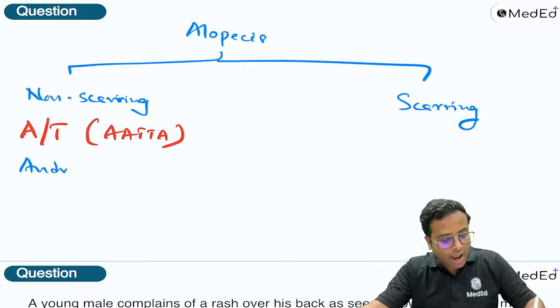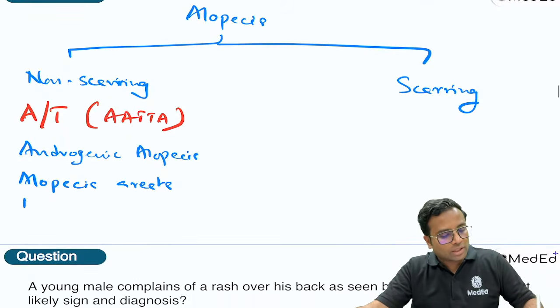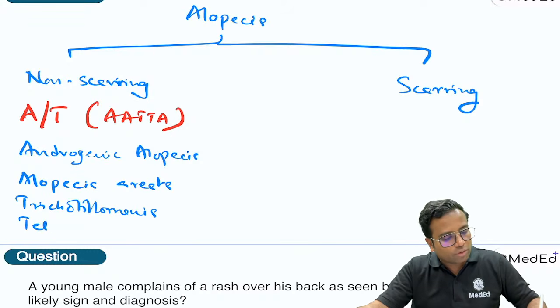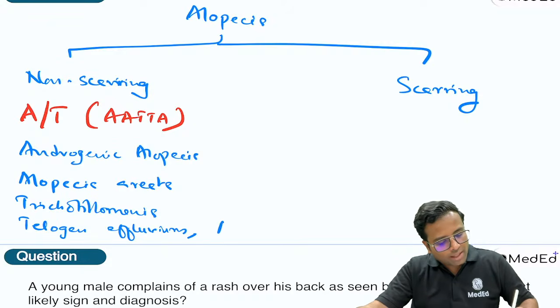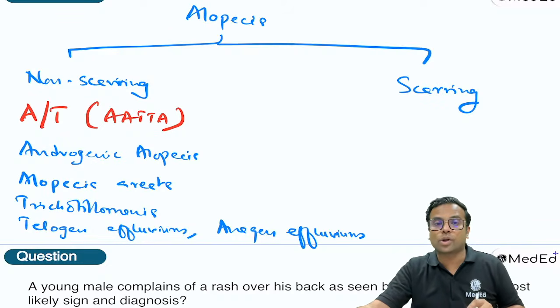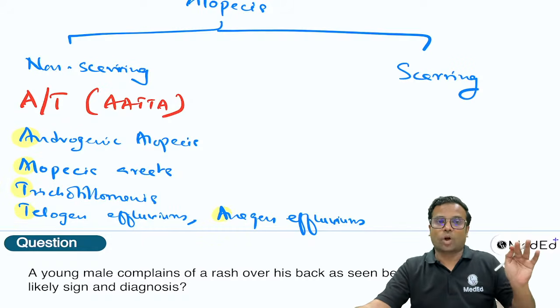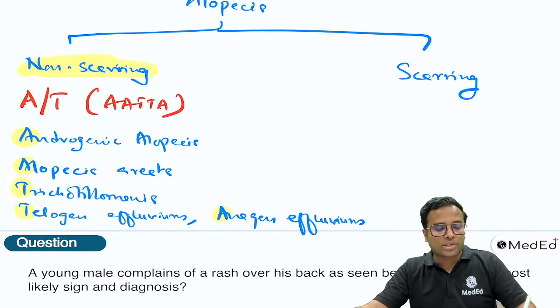Like androgenic alopecia, alopecia areata, trichotillomania, telogen effluvium, and anagen effluvium. All these are common causes of hair loss, but everything starts with the letter A or T. So remember ATA, or A or T. It is going to be non-scarring.